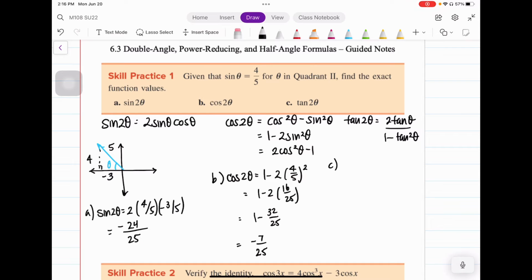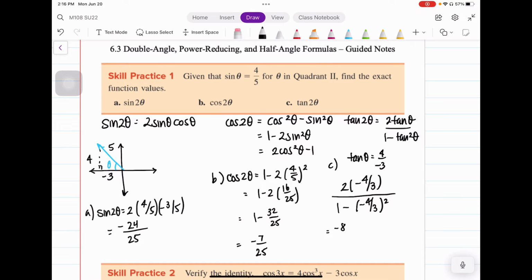Tangent of 2 theta is equal to 2 tangent of theta over 1 minus tangent squared of theta. And tangent of theta here is equal to opposite over adjacent, or negative 4/3. So we have 2 times negative 4/3 divided by 1 minus negative 4/3 squared.